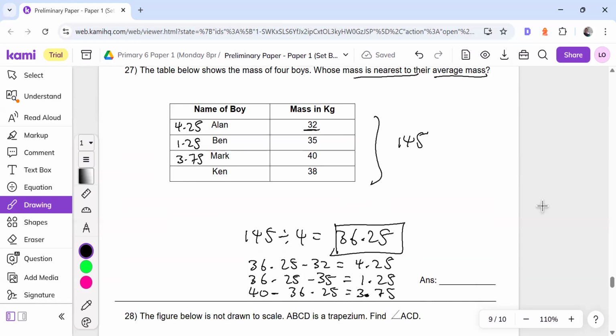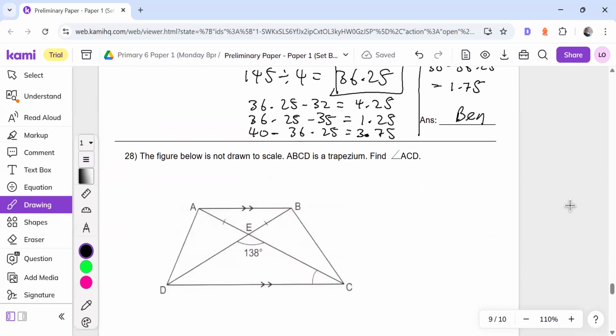And then 38 minus 36.25 to find the difference, which is 1.75. And put here. So whose mass is the nearest? You look for the smallest difference. And the answer is Ben. So do you get Ben? Okay, very good. Maybe this is a bit harder, but I think it's still quite easy, right? Okay, good. Let's go to question 28.